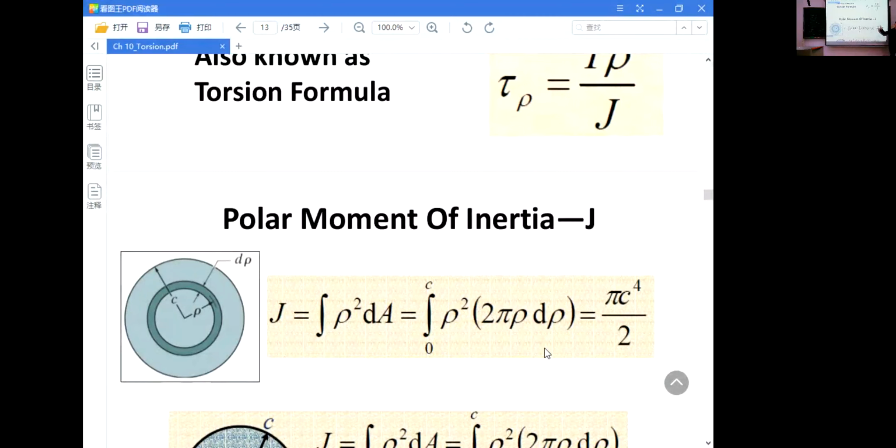For a circle, the polar moment of inertia is half pi times radius to the power 4. It's okay. If you don't know how to calculate, it doesn't matter. Actually, we just focus on the result.